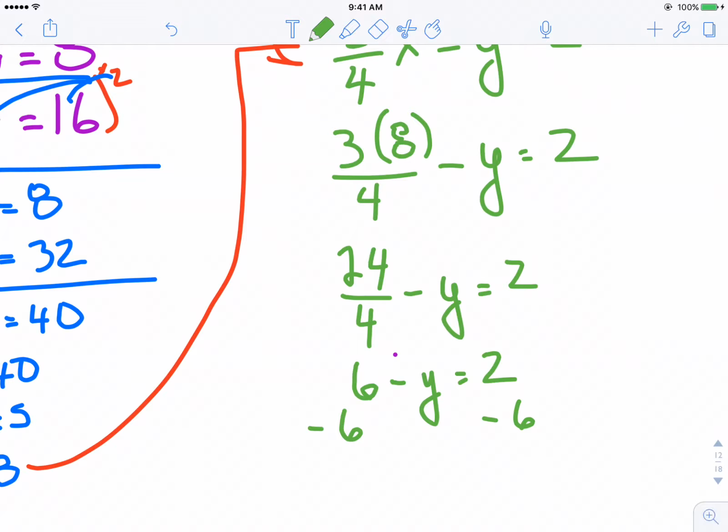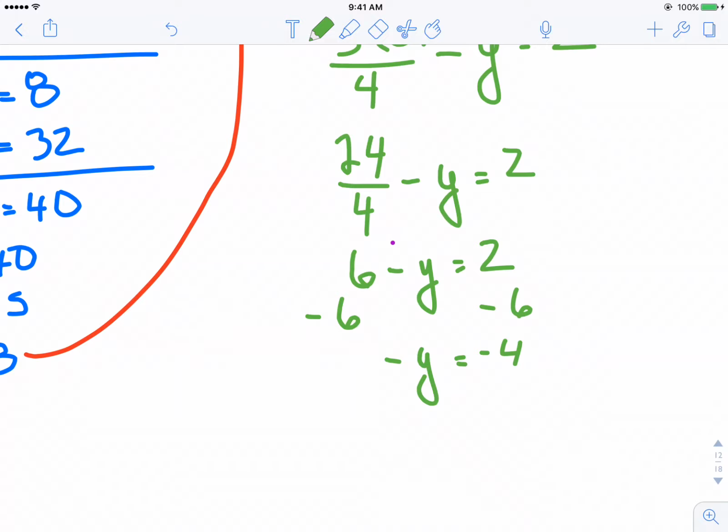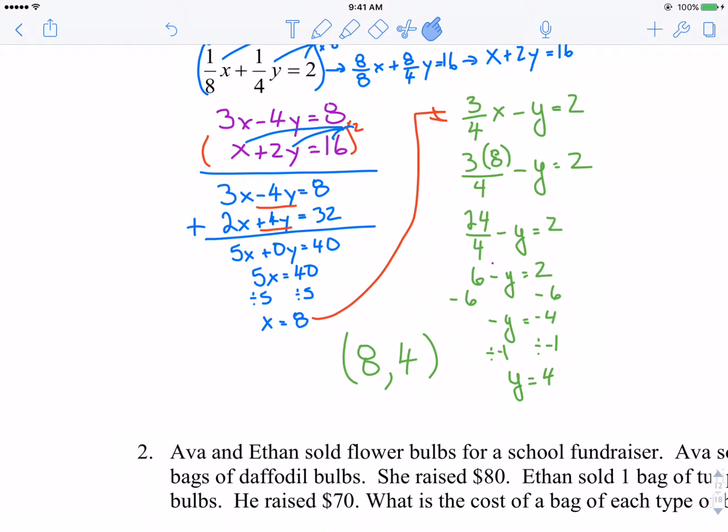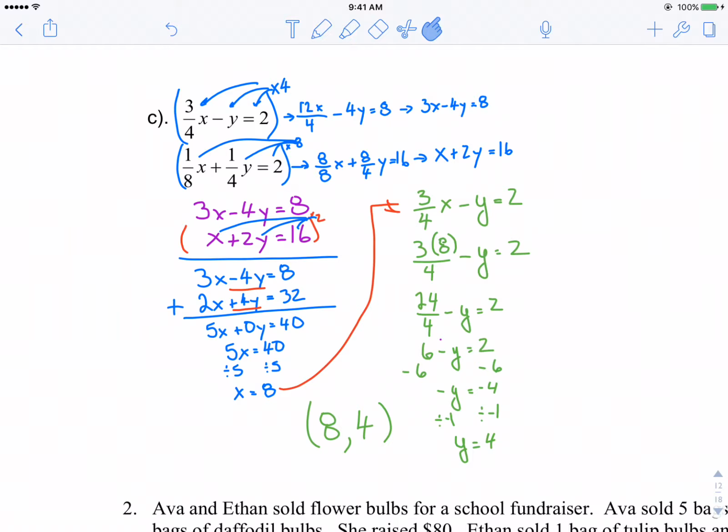Subtract 6, minus y is equal to negative 4, and then divide by negative 1, divide by negative 1, y is equal to 4. So the solution to my system, 8, 4. Okay? Now I will come back in the next video with example 2.